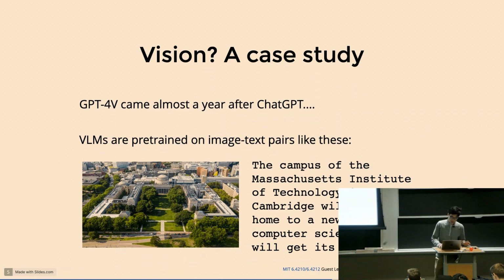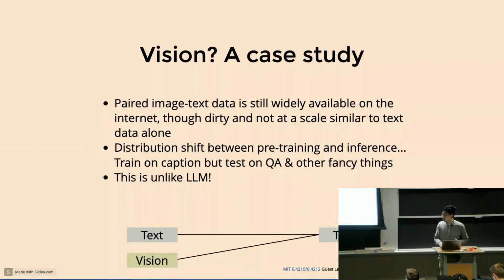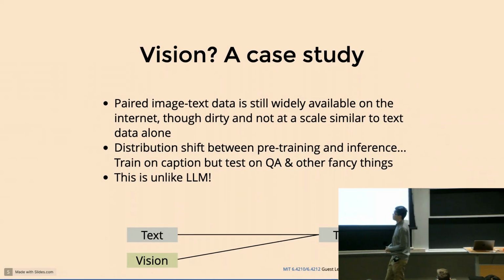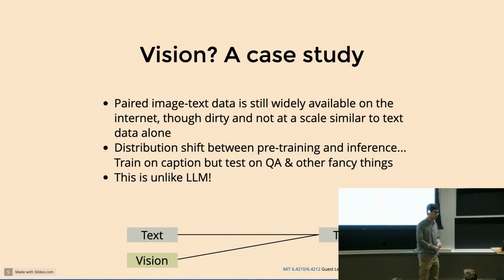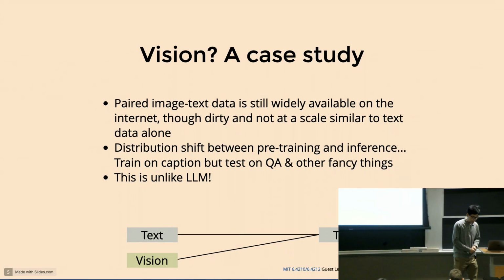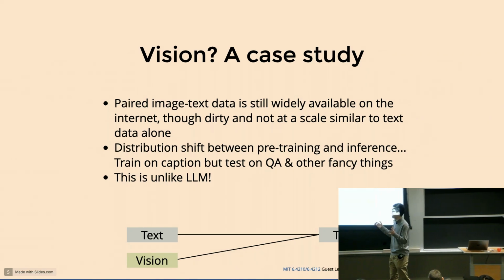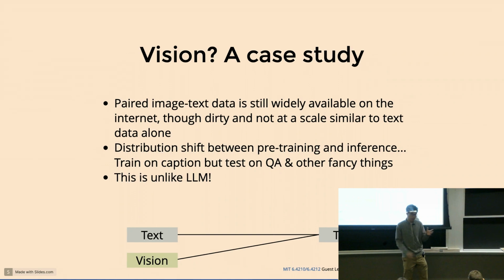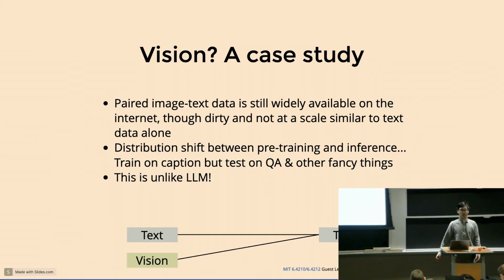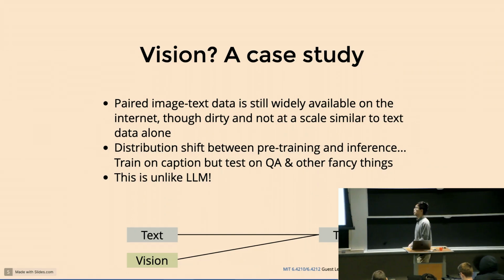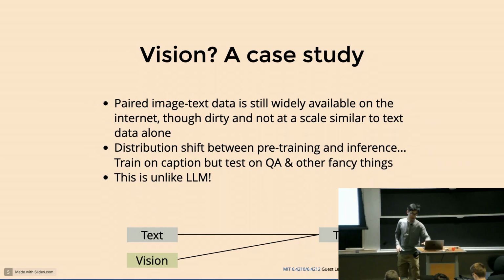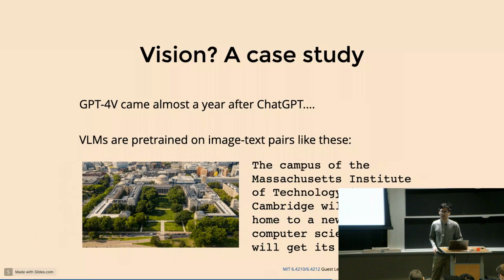Okay, so now you pre-train the vision encoders with contrastive learning, and it turns out this works really well because paired image-text data is still widely available on the internet, though it is really dirty and not at a scale similar to text data alone. For example, I was once examining a dataset that collects a bunch of paired image and text data. It's really noisy.